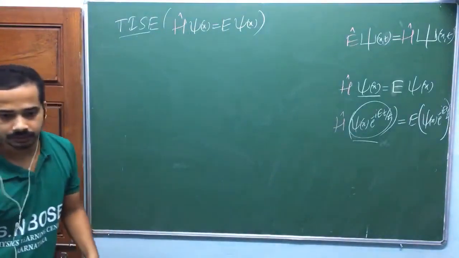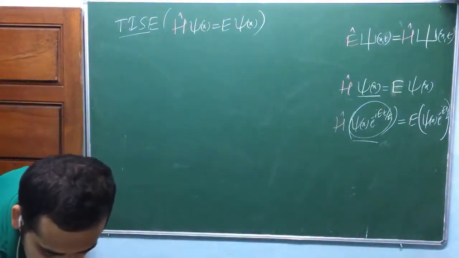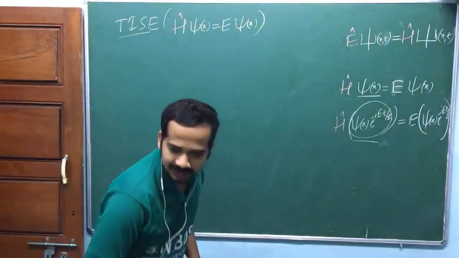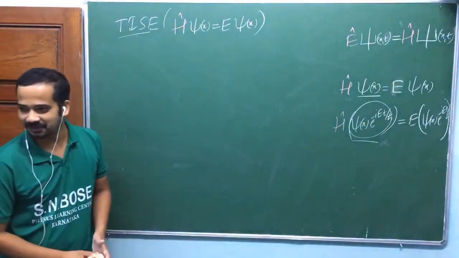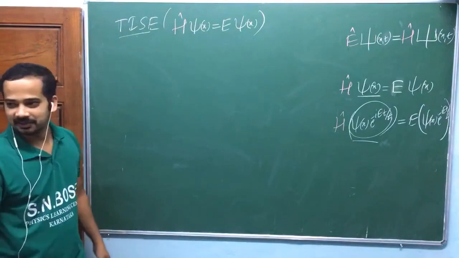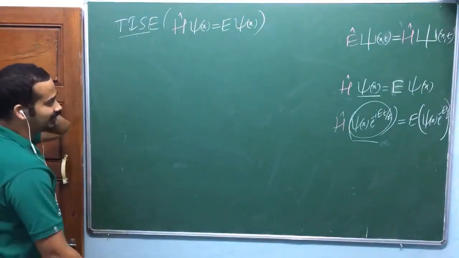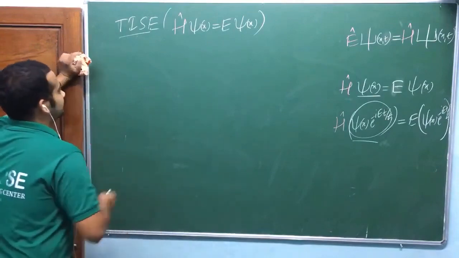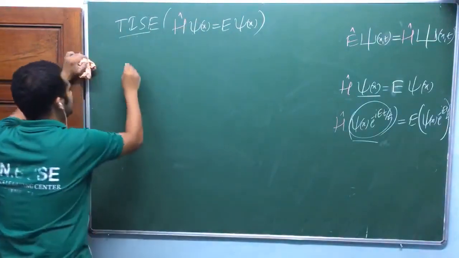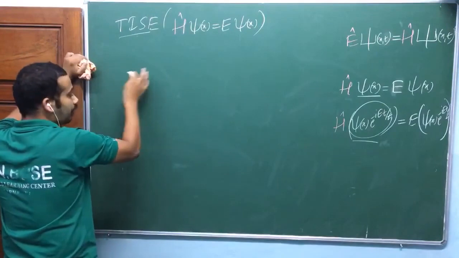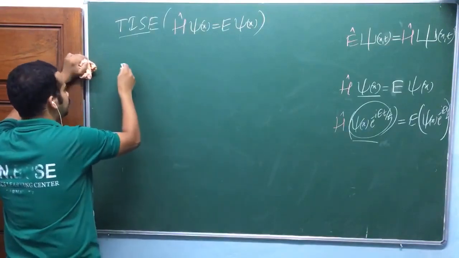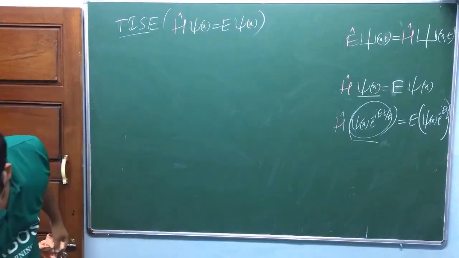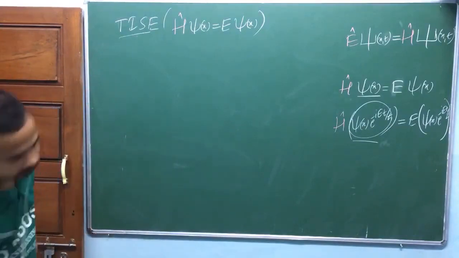Time dependent Schrodinger equation. Now look here. Psi of x, separable solution, not linear combination. Linear combination, I'll come to later. Again, we call this one a separable solution.